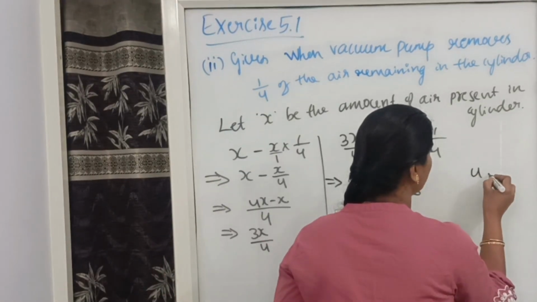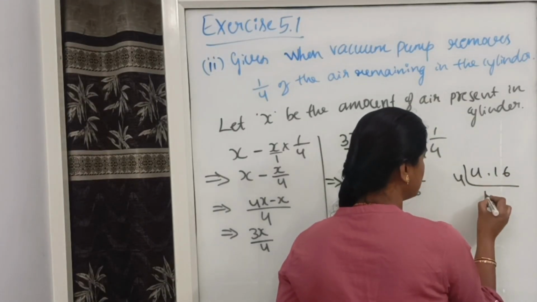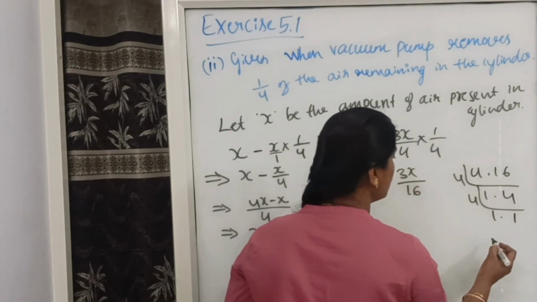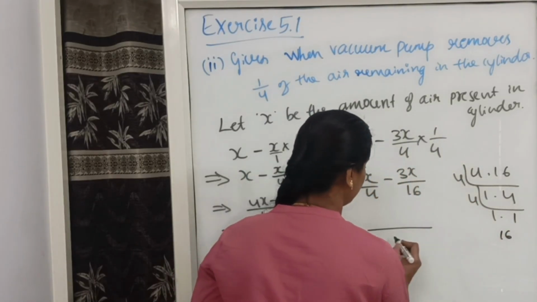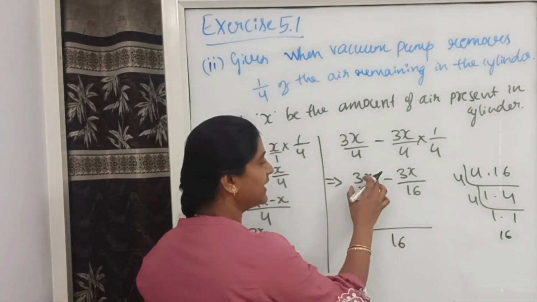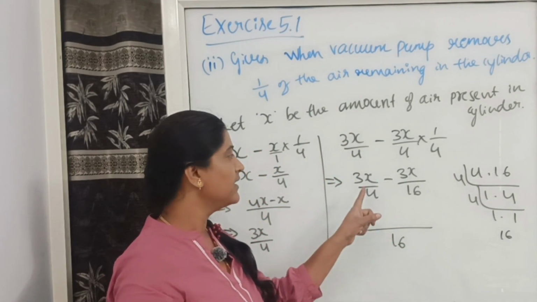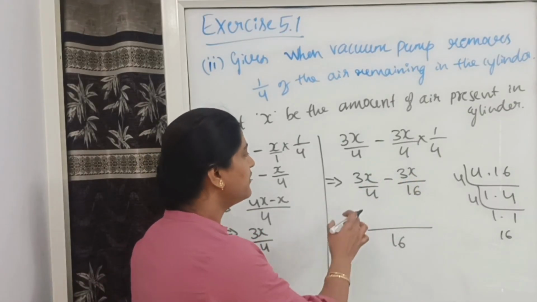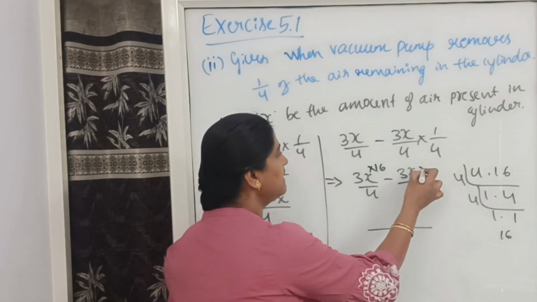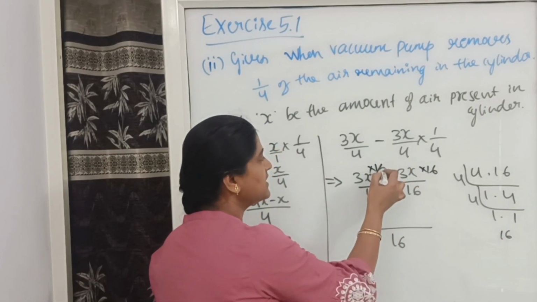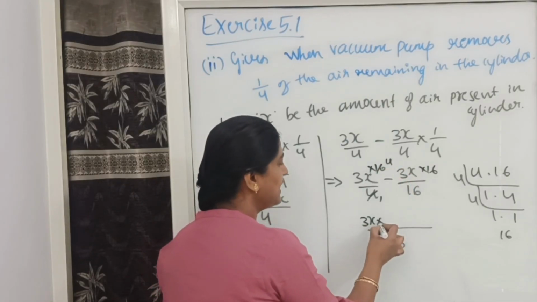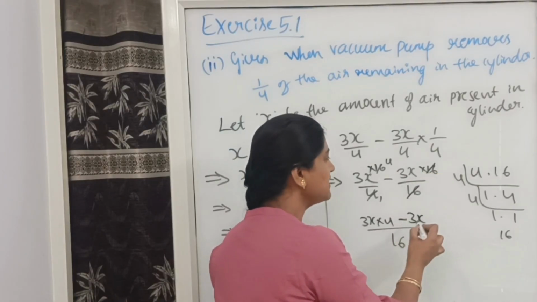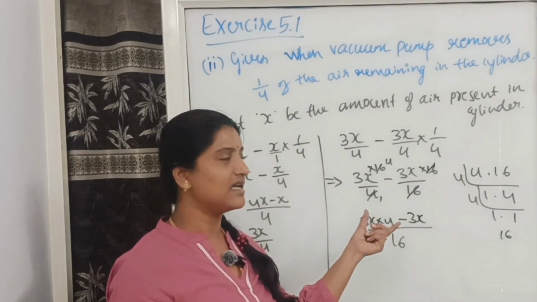Take the LCM for 4 and 16, which is 16. For the numerator also 16 has to be multiplied as well as the denominator. So the remaining is 3x into 4 and here 16 gets cancelled, the remaining is 3x. This is the concept of LCM.